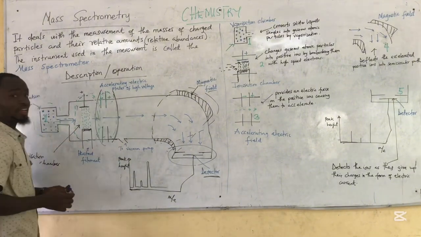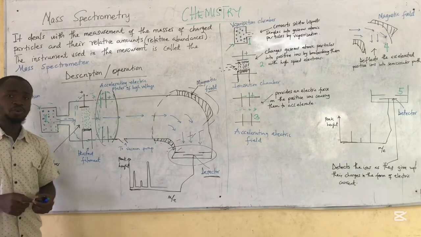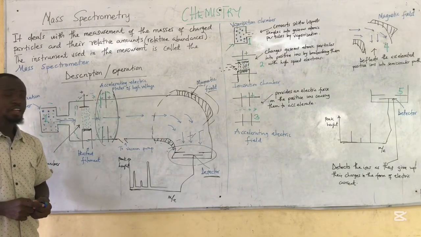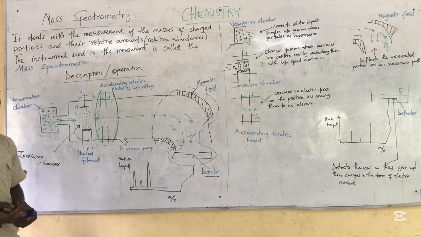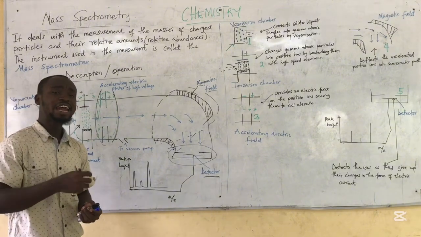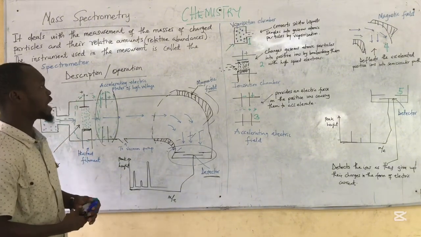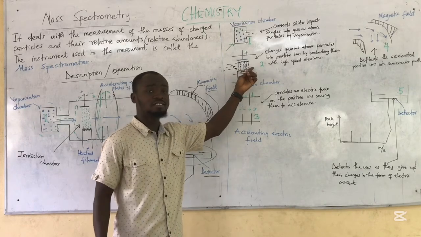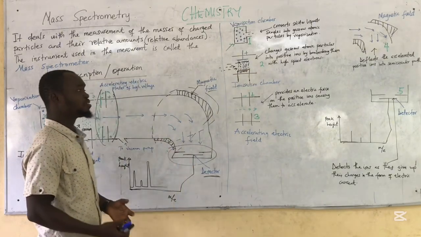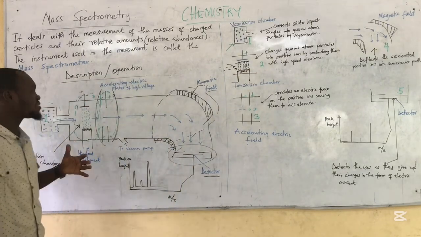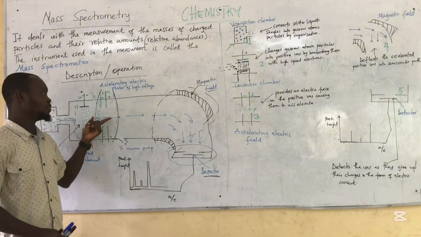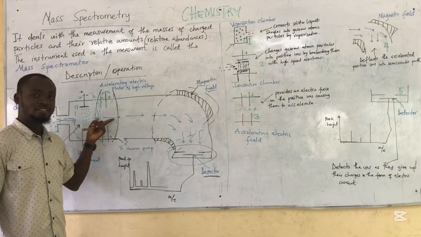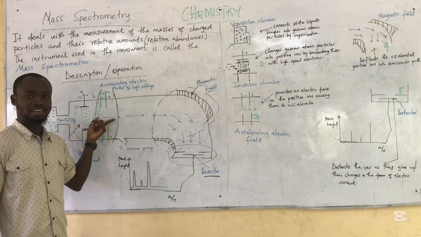essential feature. That is what we call the electric field. The electric field attracts and accelerates the positive ions formed in the ionization chamber once they get into that chamber.